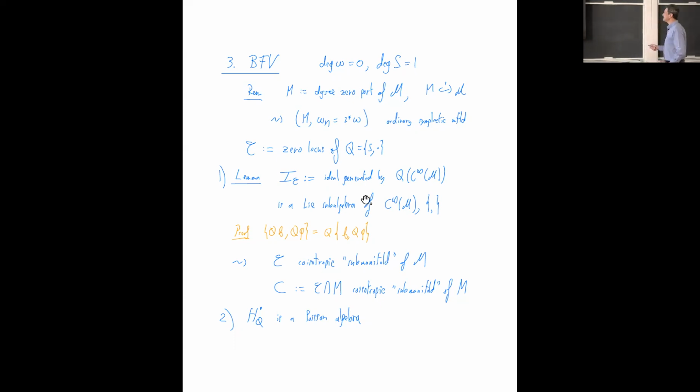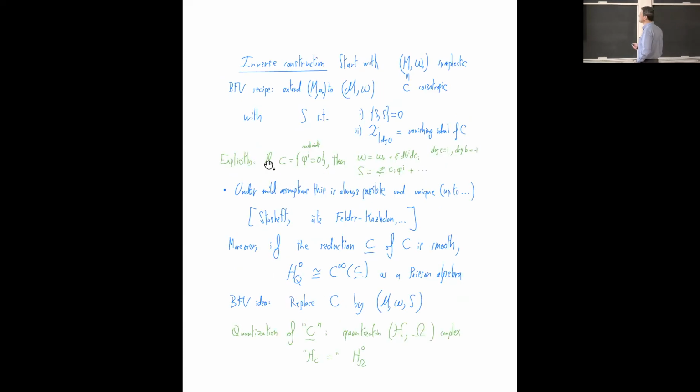Now, the next remark is that since Q is compatible with the Poisson bracket, the cohomology of Q is not only an algebra, but actually inherits the Poisson bracket. So it's a Poisson algebra. Okay, so these are the two starting observations. And the point is that what you're interested in is to do an inverse construction, which more or less should answer your question.